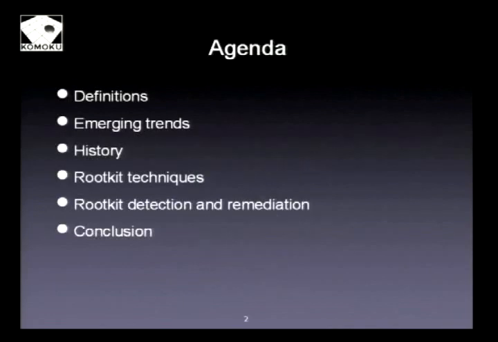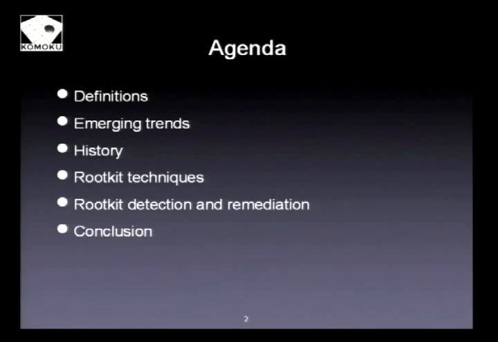So, the obligatory agenda outline slide. Basically, we want to talk about some definitions. In this area, the definitions vary based upon who's making them. We want to talk about some emerging trends. We'll cover the history of rootkits.